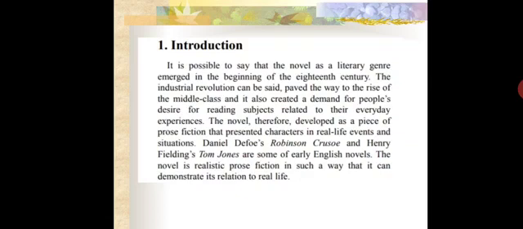The novel, therefore, developed as a piece of prose fiction that presented characters in real life events and situations. Daniel Defoe's Robinson Crusoe and Henry Fielding's Tom Jones are some of the early English novels. The novel is realistic prose fiction in such a way that it can demonstrate its relation to real life.